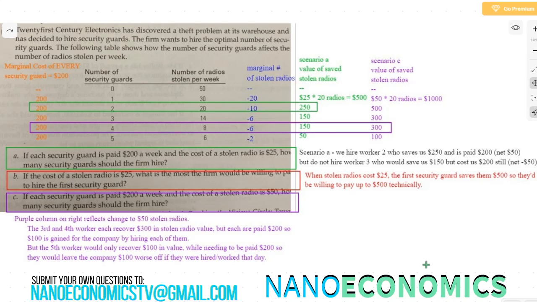So we end up with a net gain by having those workers come in. However, that fifth worker still only recovers $100 in value. They would still have to be paid $200 just like all the other workers. Therefore, we would not hire that fifth worker even if the cost of a stolen radio were doubled to $50.